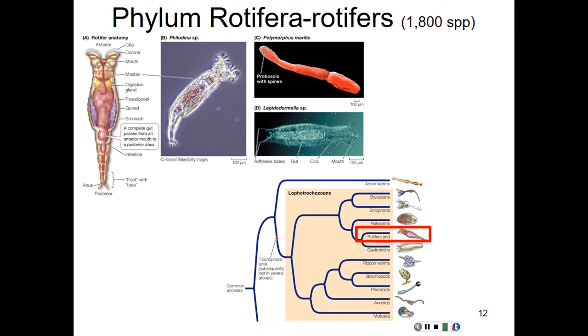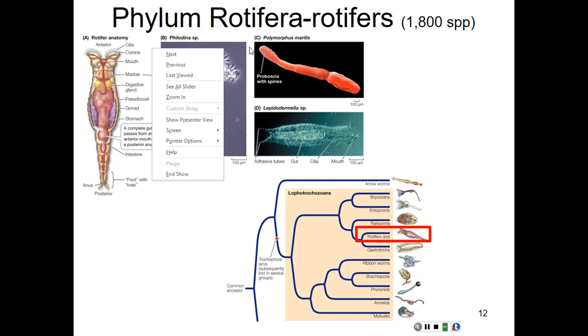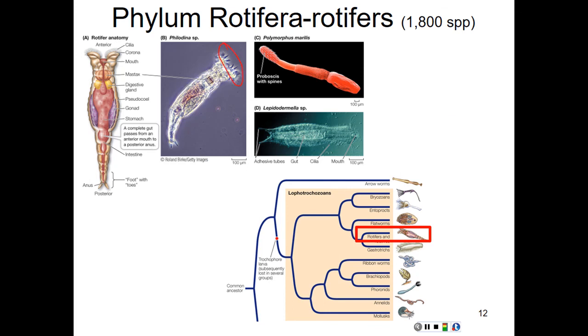One of the features that is kind of a hallmark of the rotifers is this structure called a corona. It's a circle of cilia that create a current of water for feeding.